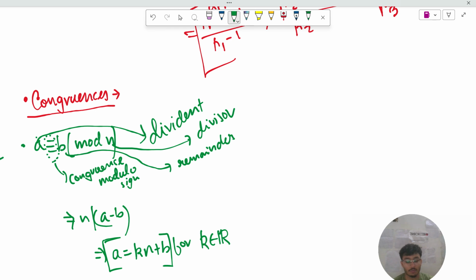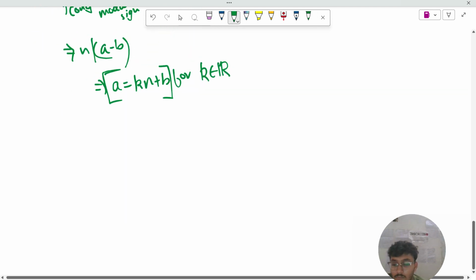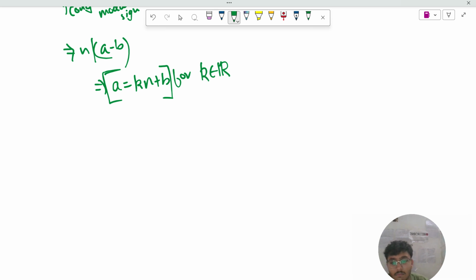We have some properties related to modulus. Now we come to properties.